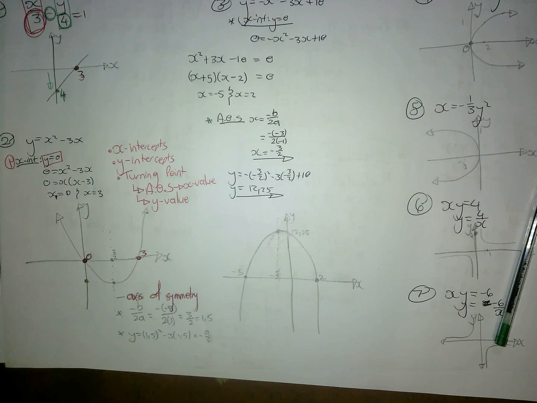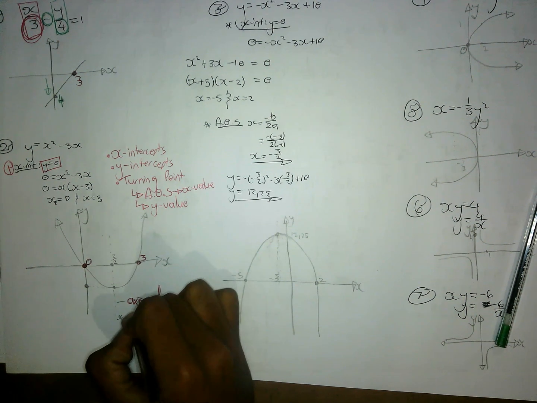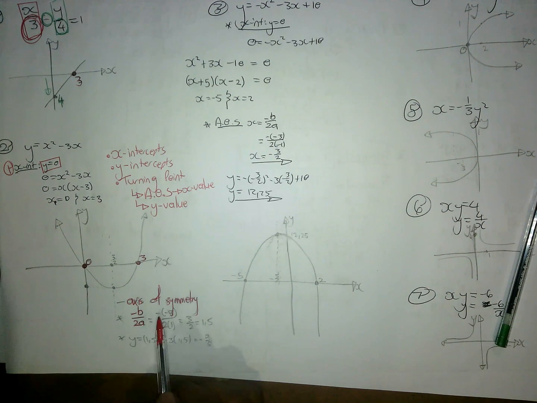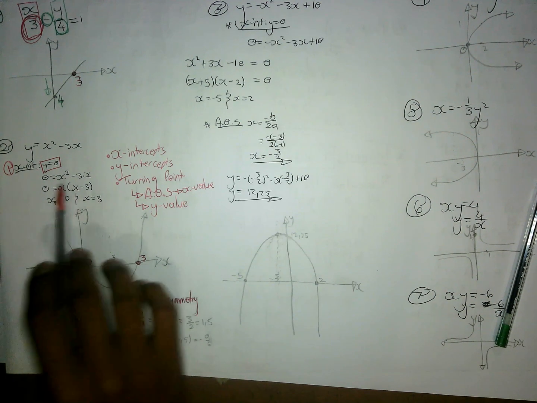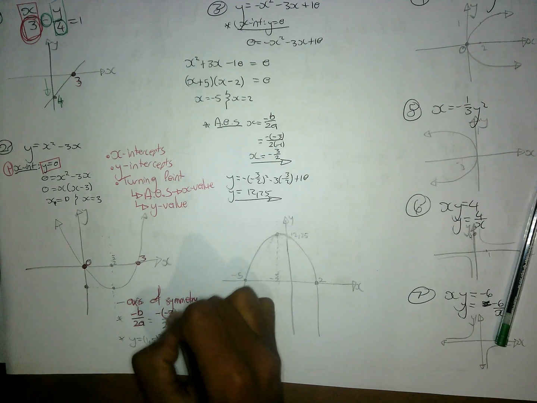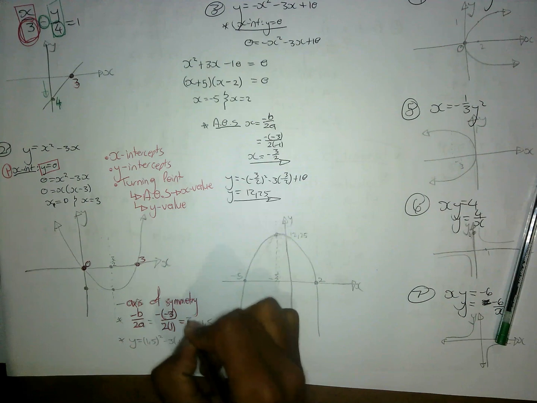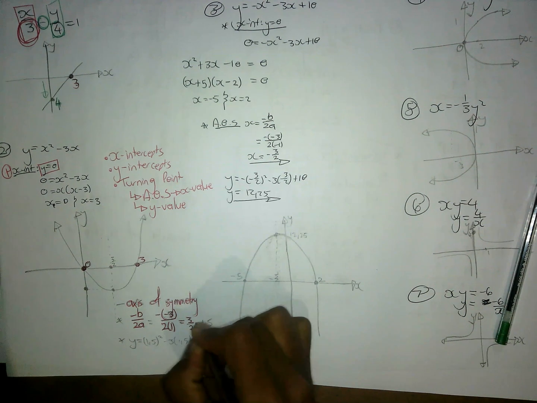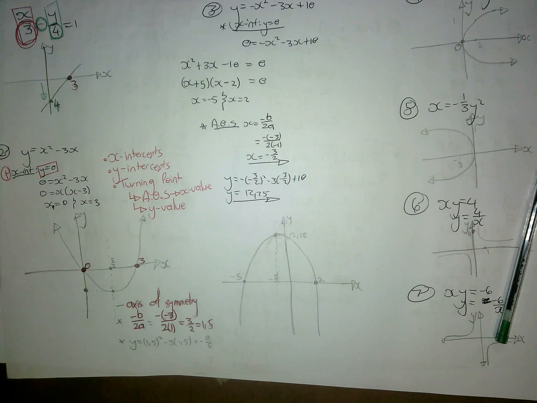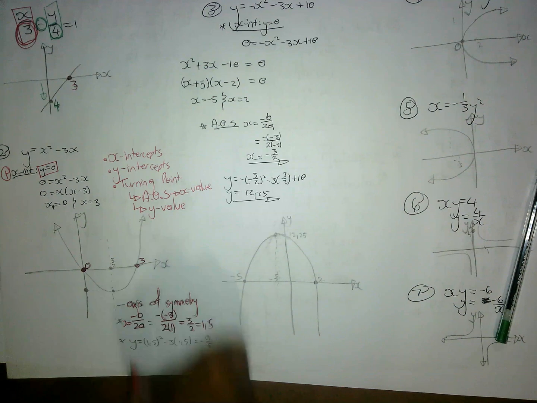The axis of symmetry formula is minus b over 2a. Our b value is negative 3, so we substitute it. That's all we do. We get the answer of 3 over 2, which is 1.5 also. This is x equals that.